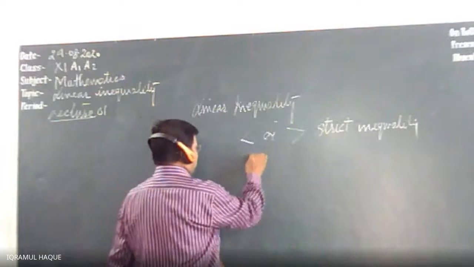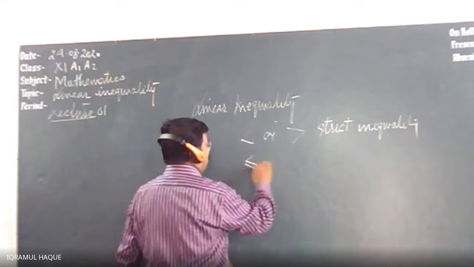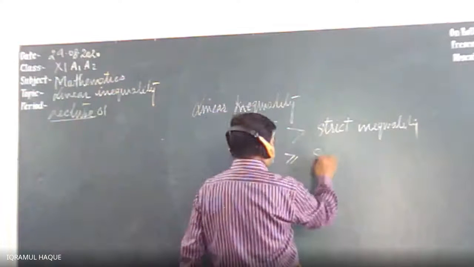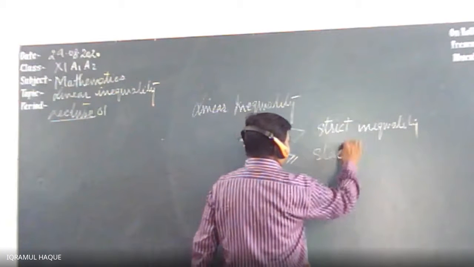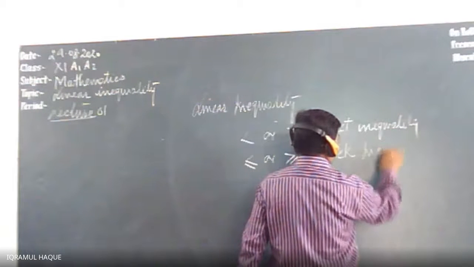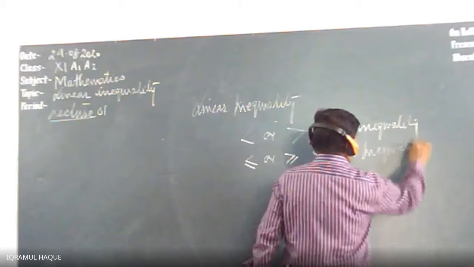When you have less than or equal or more than or equal, we say this is slack inequality.